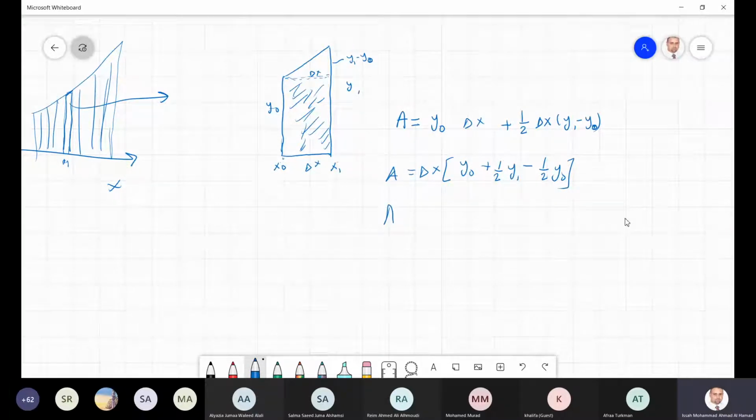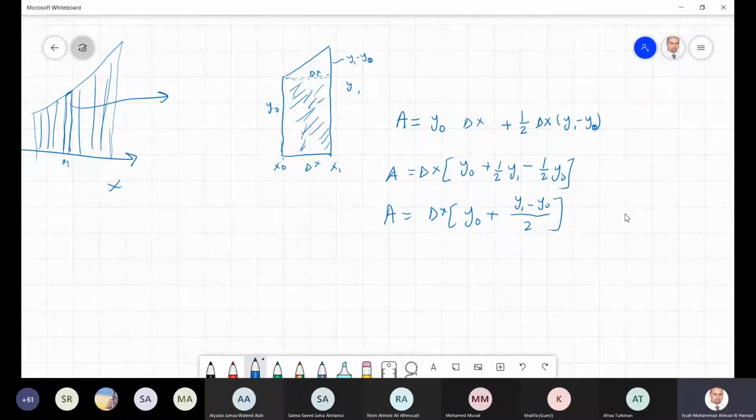So again, A equals delta x multiplied by y naught plus, if you take half as common, y1 minus y naught divided by 2.